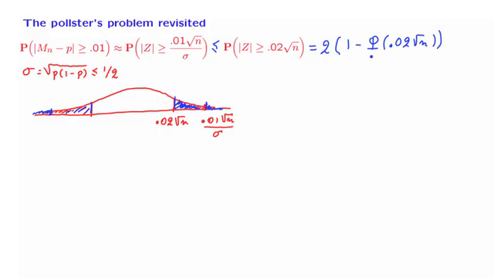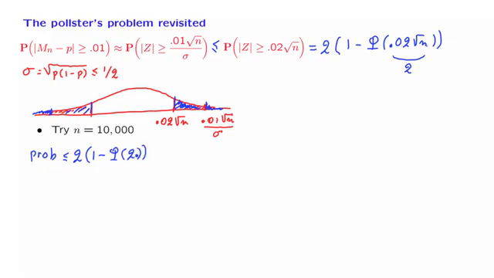If somebody gives you a value of n, you can plug in here. If n is 10,000, then square root of n is 100, and this number becomes equal to 2. And so in this case, what we obtain is that the probability of interest is less than or equal to 2 times 1 minus phi of 2.